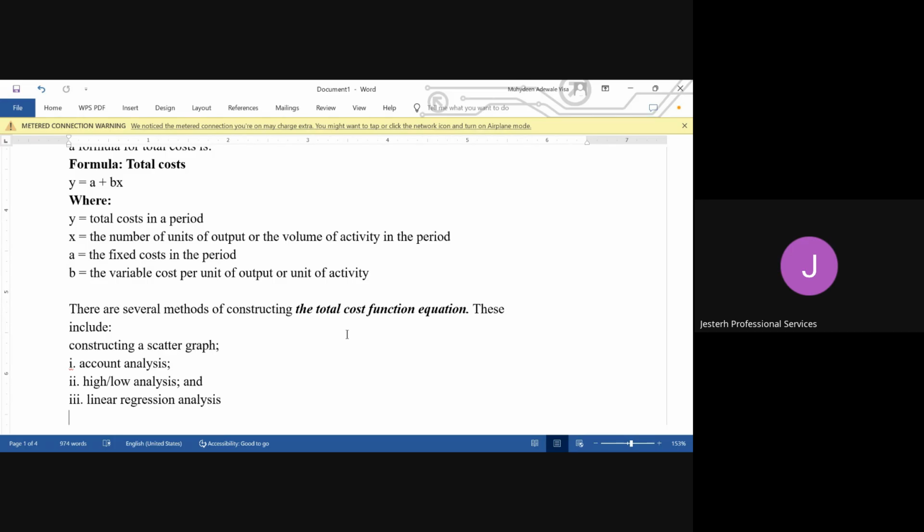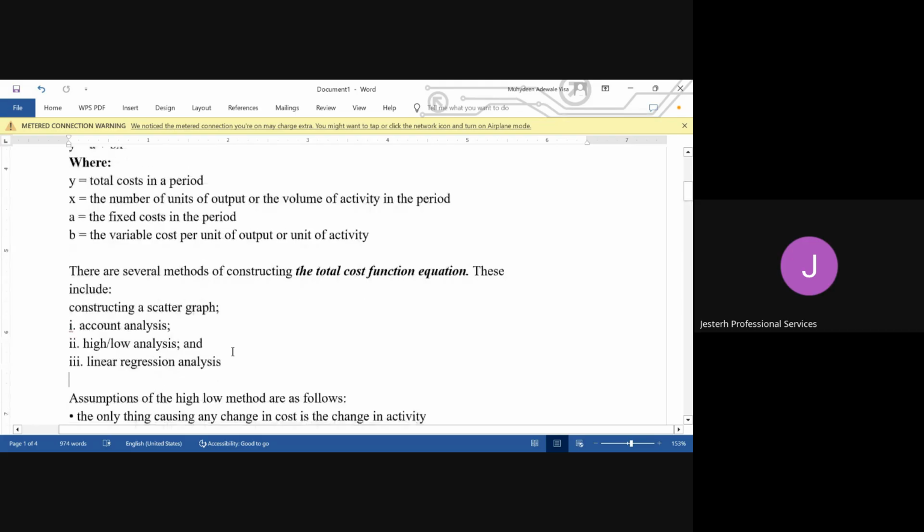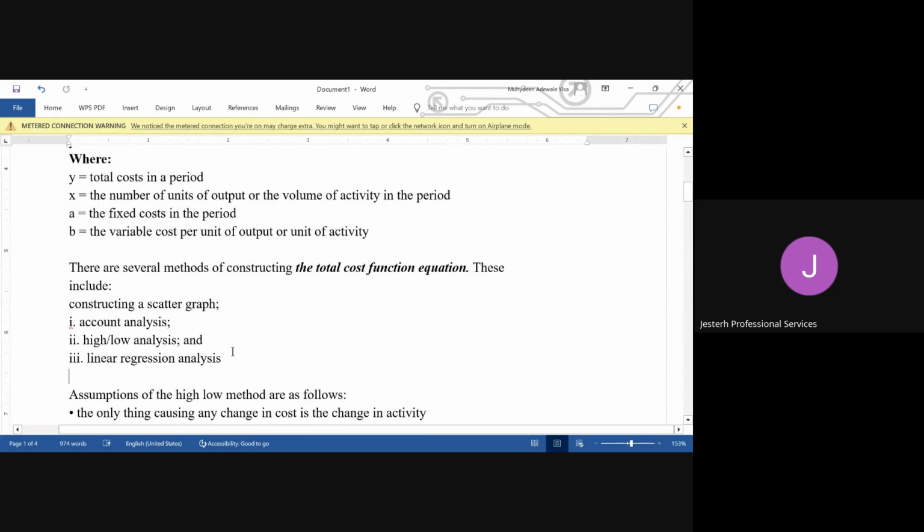Number one is cost analysis. Number two, high and low analysis, and then linear regression analysis.